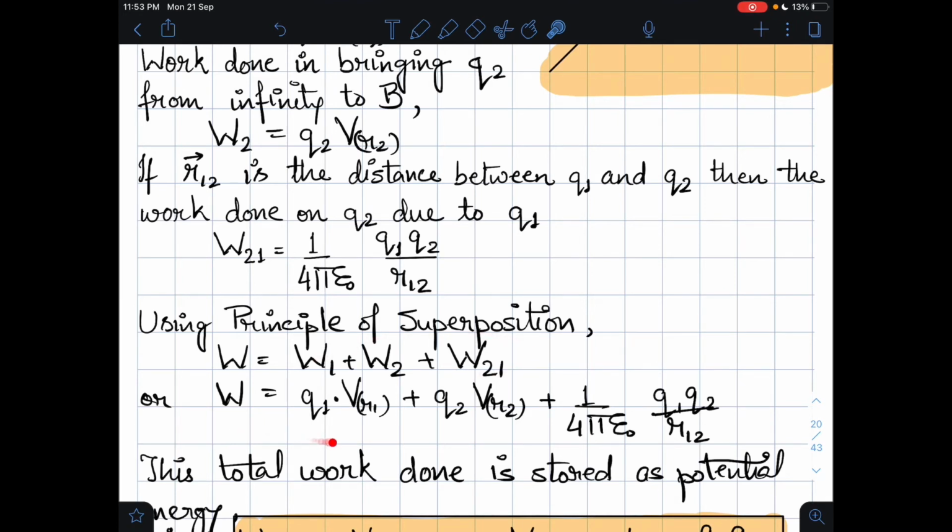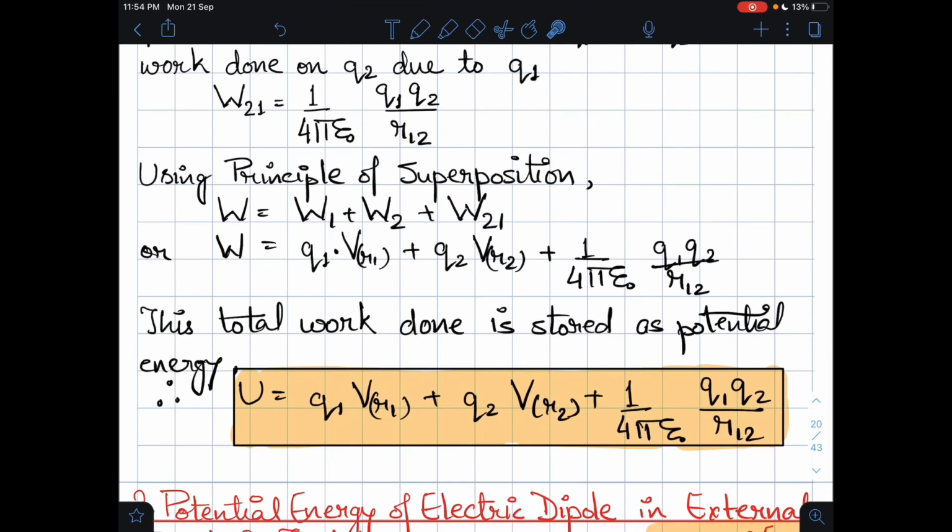So we have work done equals Q1 V(R1) plus Q2 V(R2) plus 1 upon 4 pi epsilon naught Q1 Q2 upon R12. Now we know that the total work done is stored as potential energy. So U becomes Q1 V(R1) plus Q2 V(R2) plus 1 upon 4 pi epsilon naught Q1 Q2 upon R12.